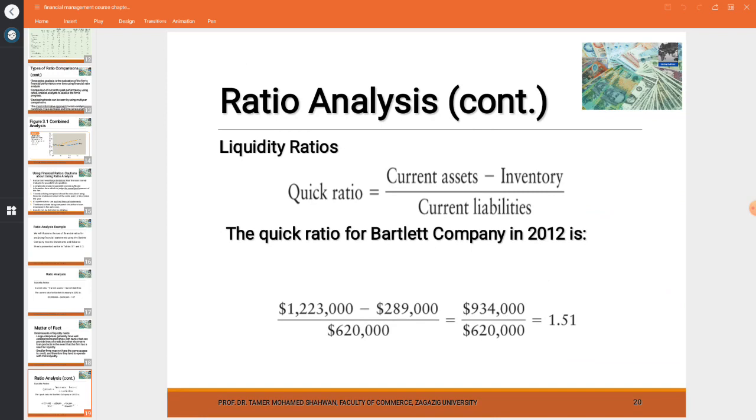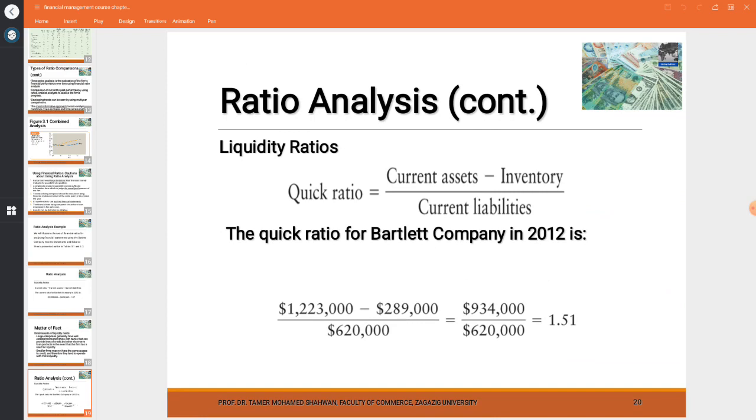Another ratio that could be used for assessing the liquidity is what we call the quick ratio. What is the quick ratio? Quick ratio is equal to current assets minus inventory, divided by current liabilities. As you see, the main difference between the current ratio and the quick ratio is that in the quick ratio, we subtract inventory from our current assets.